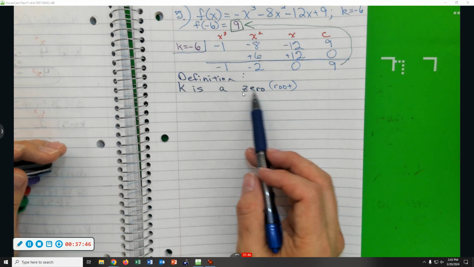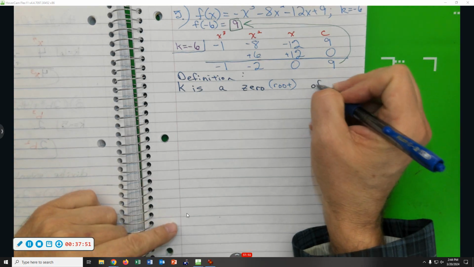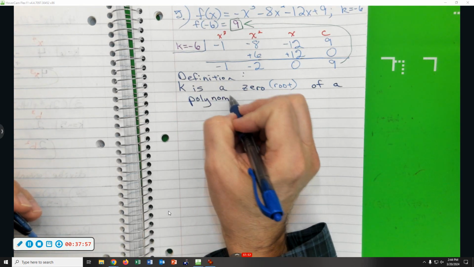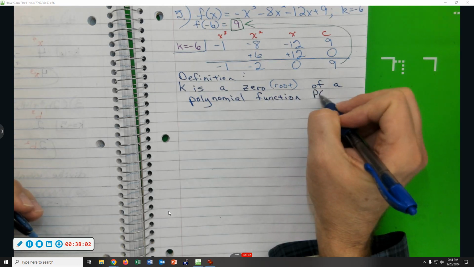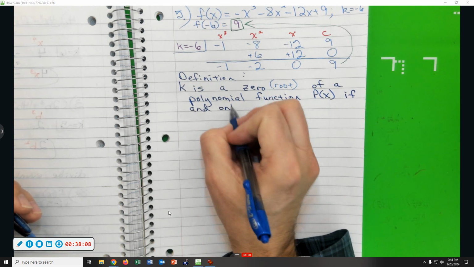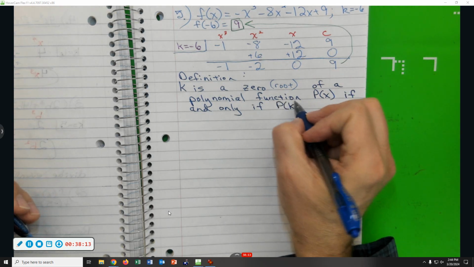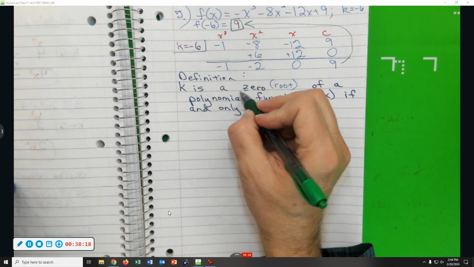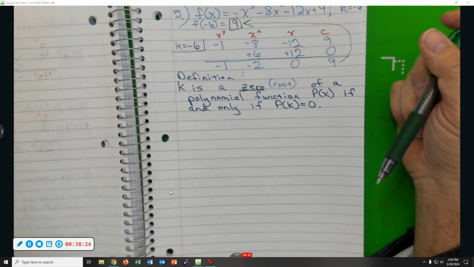Seemed like all the books switched over to the term 0. K is the 0 of a polynomial function, p of x, if and only if p of k is equal to 0. A 0 is a number that you can plug in to the function, and the function equals 0.